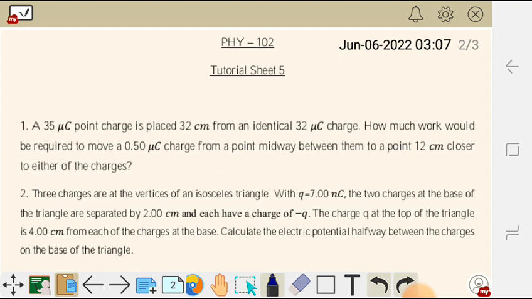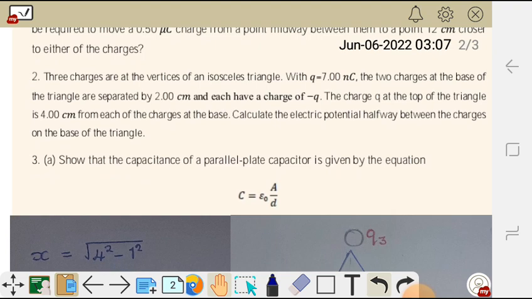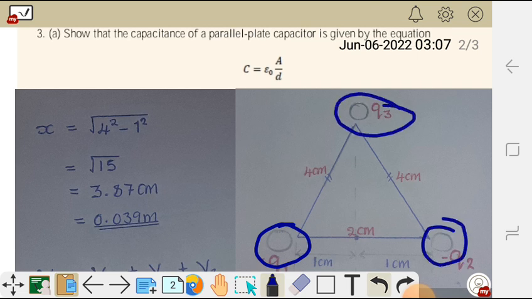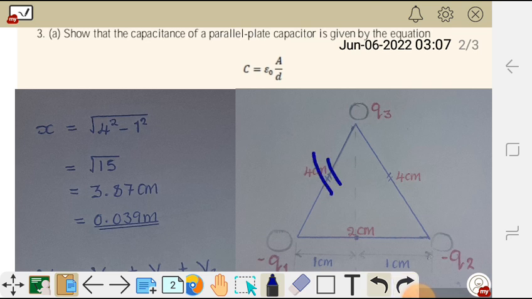So you draw a triangle and show these charges. You name them Q1, Q2 and Q3 on the vertices of an isosceles triangle. An isosceles triangle is a triangle with 2 sides equal. So that is an isosceles triangle.